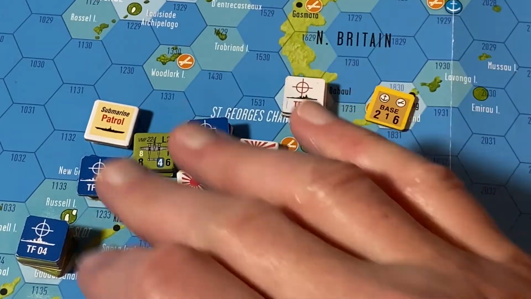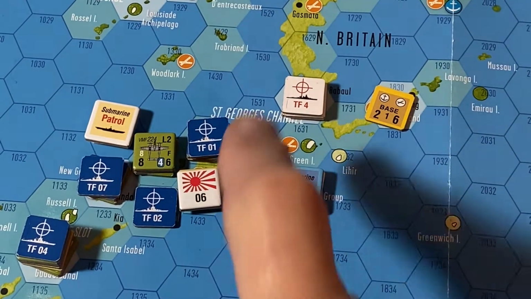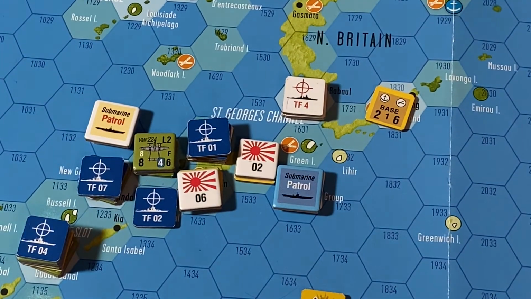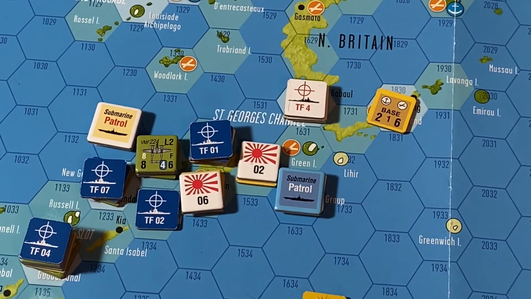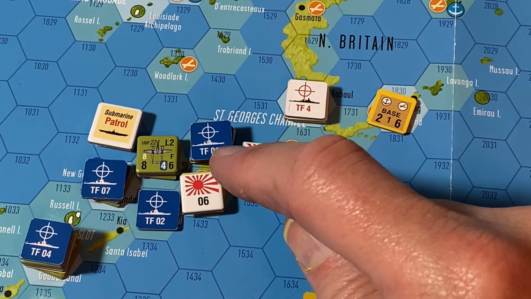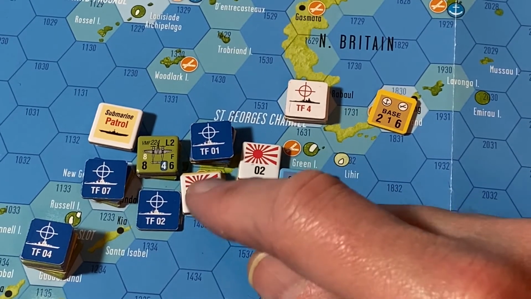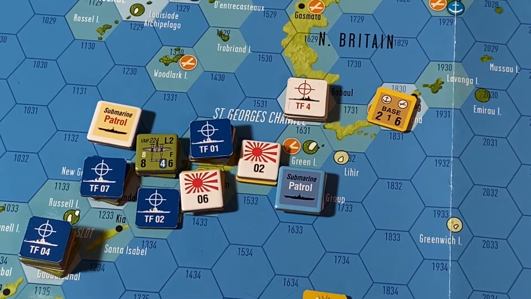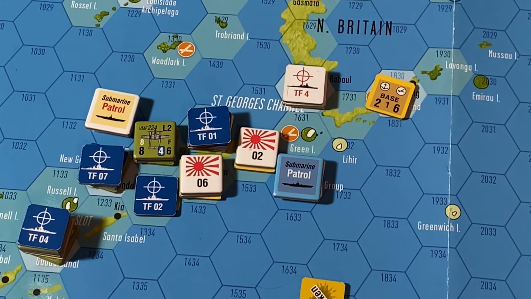So they had enough search units to stop me in my tracks, because once any task force is detected in the surprise scenario or surprise intelligence level, you can stop your opponent. So, and that's what they did.